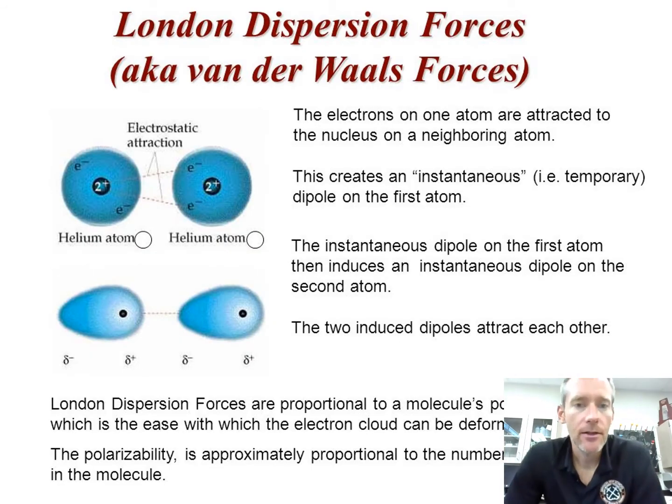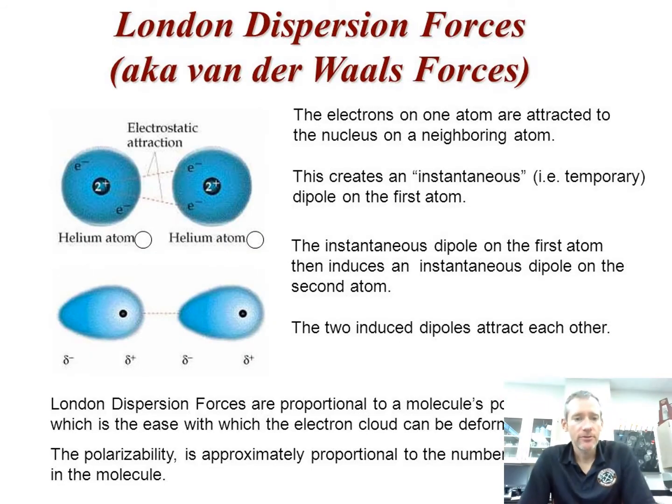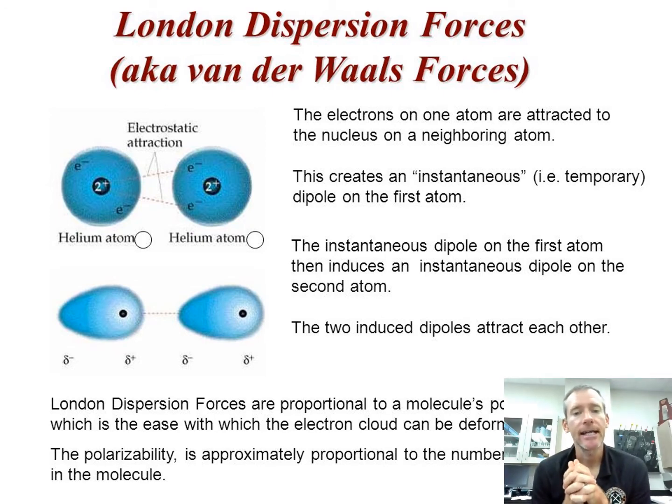All right, van der Waals forces or London dispersion forces. The main thing with VDW forces is that you have a temporary positive negative going back and forth. That's why they're not strong, because it's not permanent.